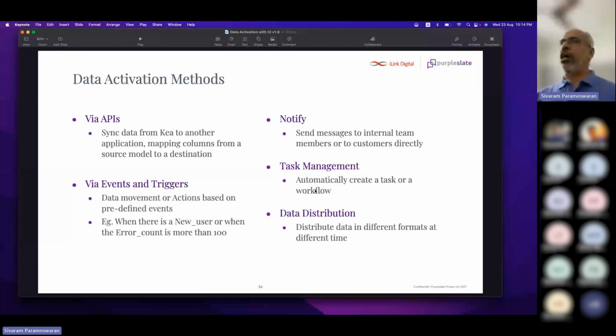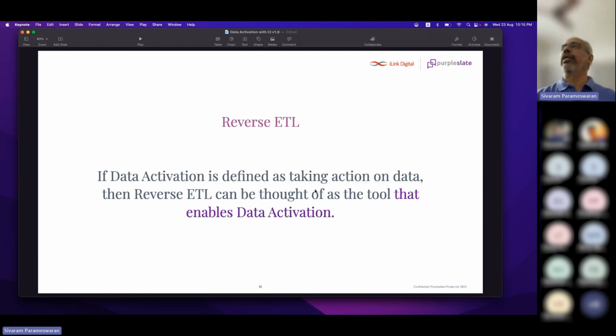I just showed an example of how it could notify somebody within the Teams platform. For task management, I gave an example of how somebody can create a task in Notion or Trello. It can be absolutely any application you use today, whether it is Jira, Trello, anything.